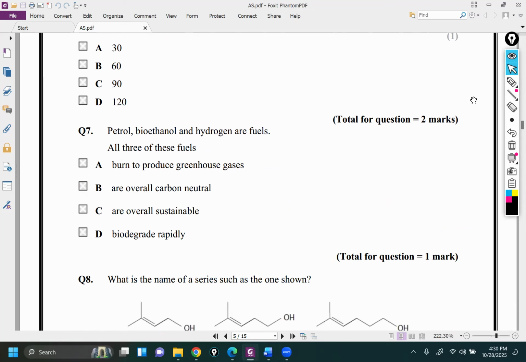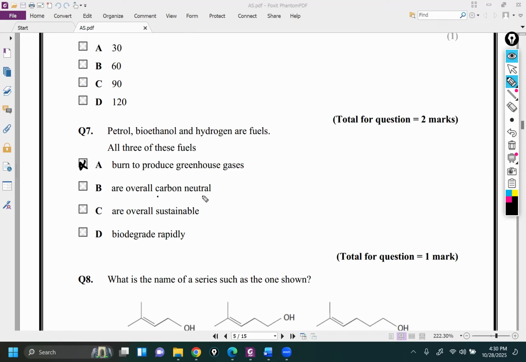Petrol, bioethanol, and hydrogen are fuels. All three of these fuels: burn to produce greenhouse gases, are overall carbon neutral, are sustainable, biodegrade rapidly. So here the only correct option is option A, because they produce greenhouse gases.